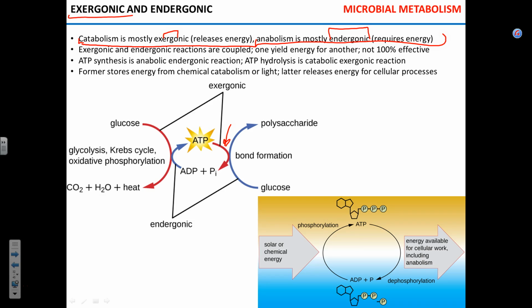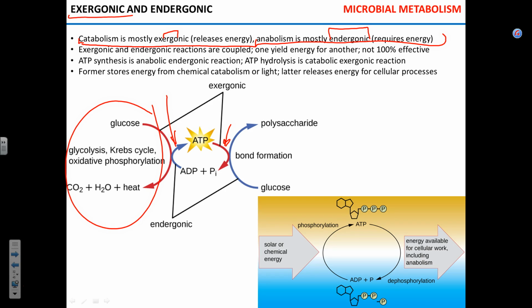This energy can be used for synthesis of, I don't know, proteins or polysaccharides. But for ATP synthesis, which is an endergonic and anabolic reaction, energy will be taken from, say, metabolism of glucose, catabolism of glucose, oxidation of glucose.